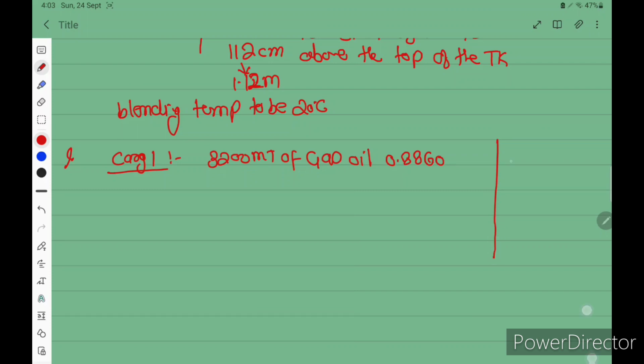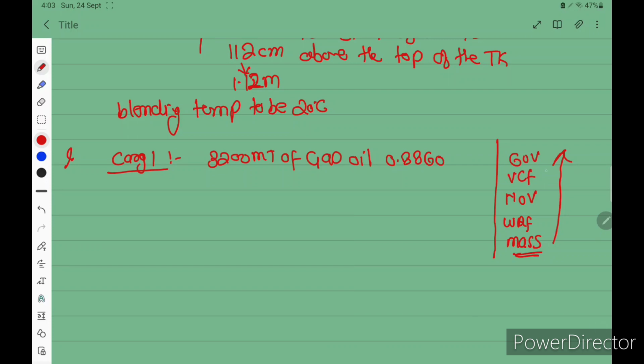When calculating, we go like this: gross observed volume, multiply GOV by VCF, we get net observed volume, then multiply by weight reduction factor, and we get the mass. Now we already have the mass 3200, so we have to go this way.